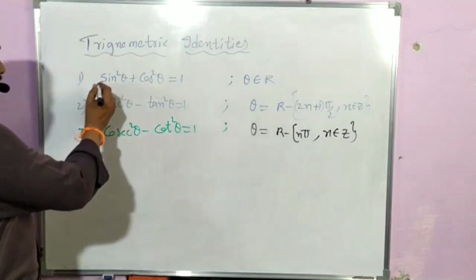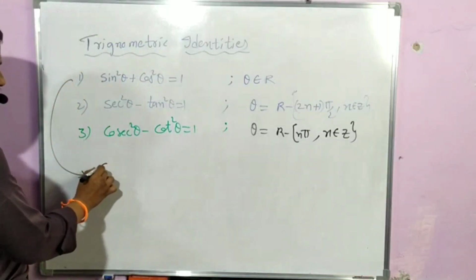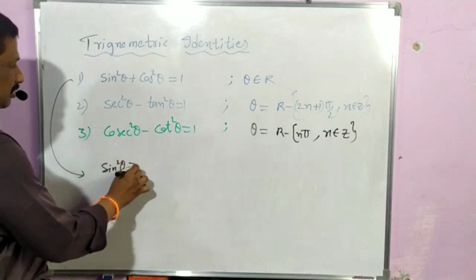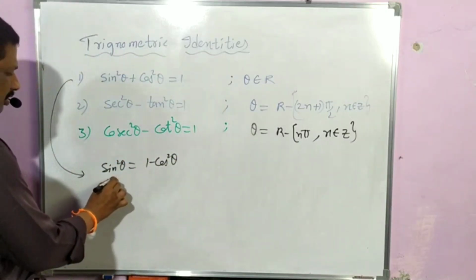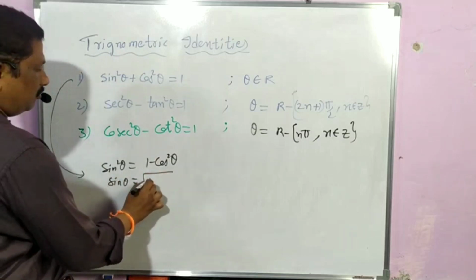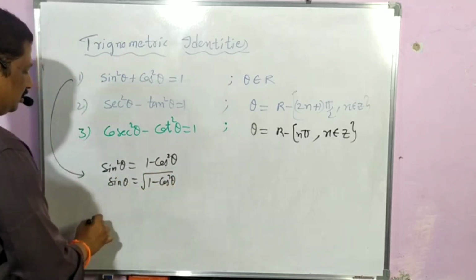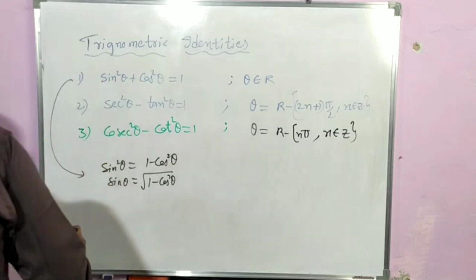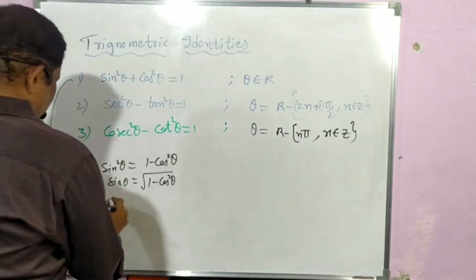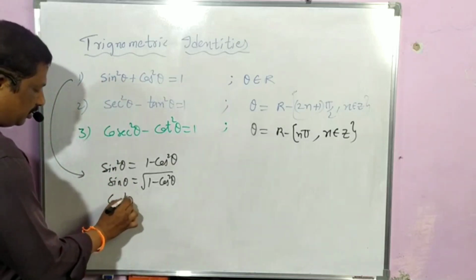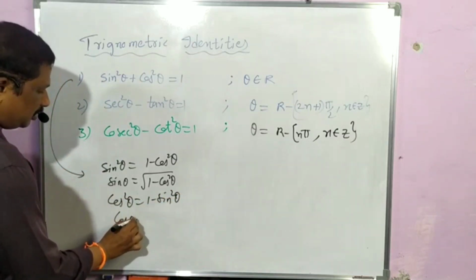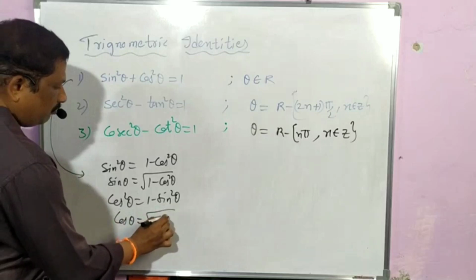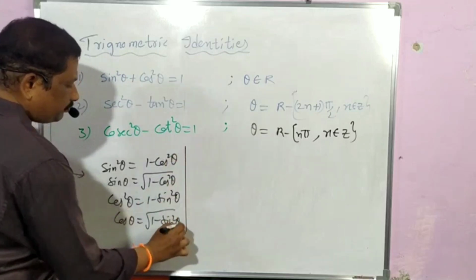Now we will write for sine theta. Sine square theta can be written as 1 minus cos square theta, and sine theta is equal to under root of 1 minus cos square theta. Same way, cos square theta is equal to 1 minus sin square theta, and cos theta is equal to under root of 1 minus sin square theta.